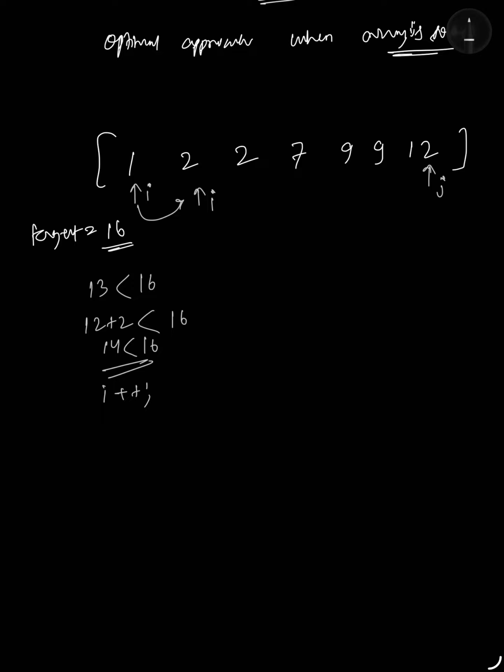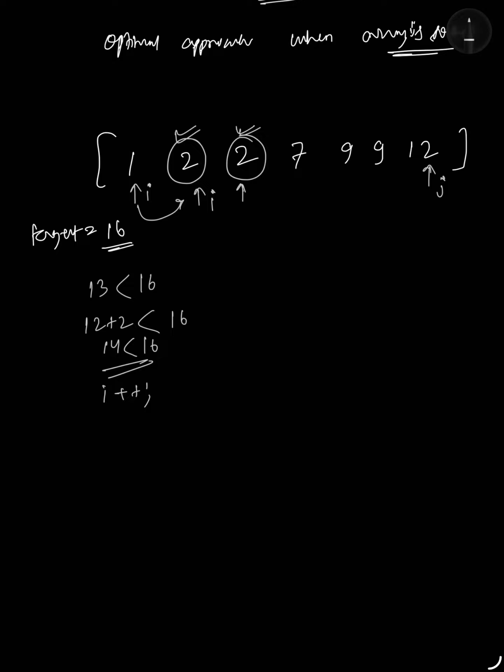But here if you see, the ith position also has the same item, 2, and previously we have already compared with 2, which was not an answer, right? So this is not a favorable case, where I have already compared this item and the next item also has the same value.